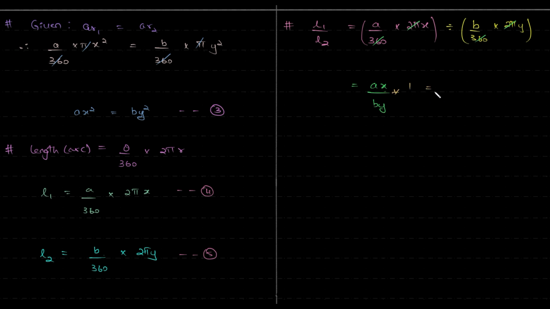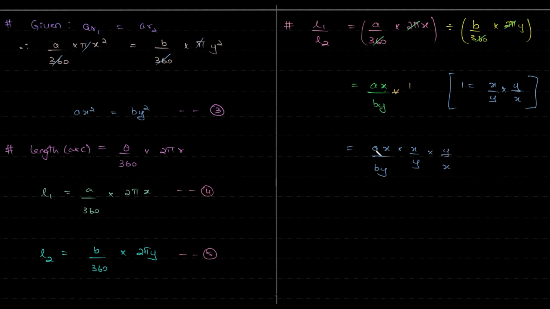I'll multiply with 1. That's not too weird. That's okay, right? Now, can I write this 1 as x by y into y by x? Can I write that? Have a look. Okay. So what do we have? We have A x by B y into x by y into y by x.